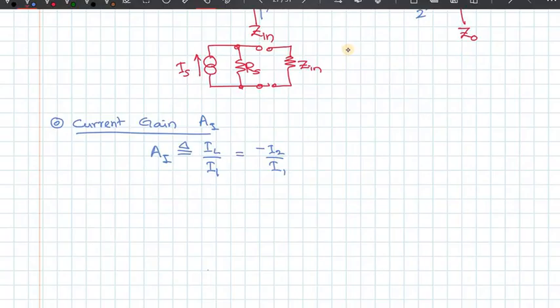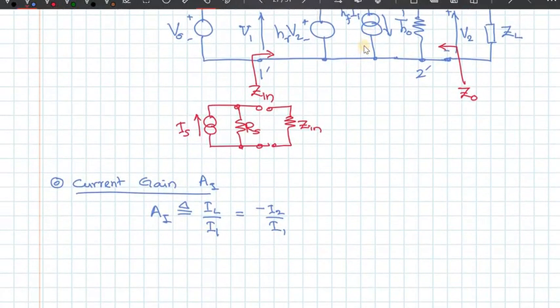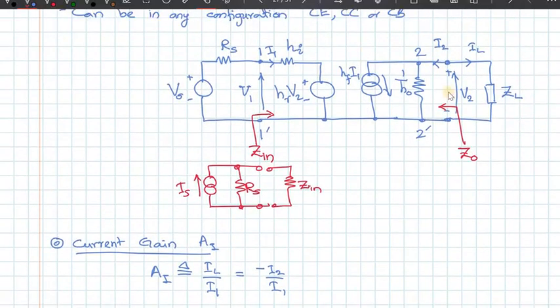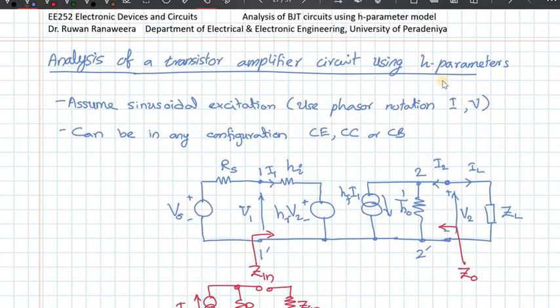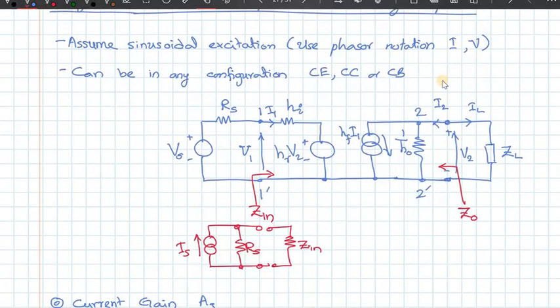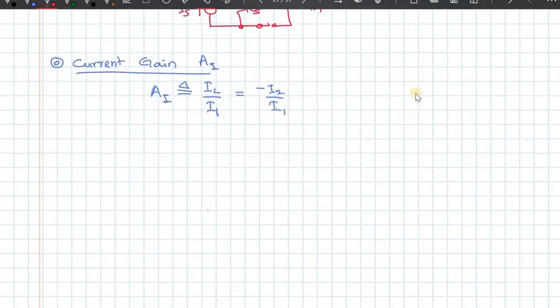So therefore this can also be written as minus I2 divided by I1. This is my definition. To find this, I need a relationship between I1 and I2 alone in terms of all the other circuit parameters. So I'm going to apply Kirchhoff's current law, KCL, to terminal number 2.